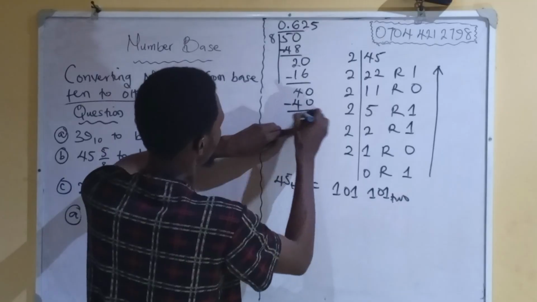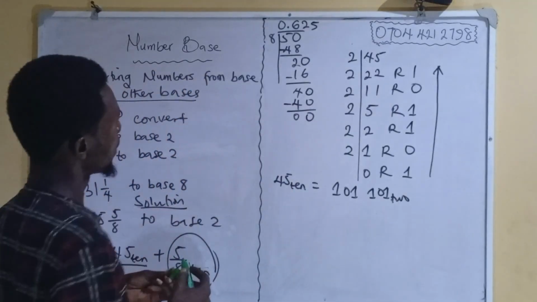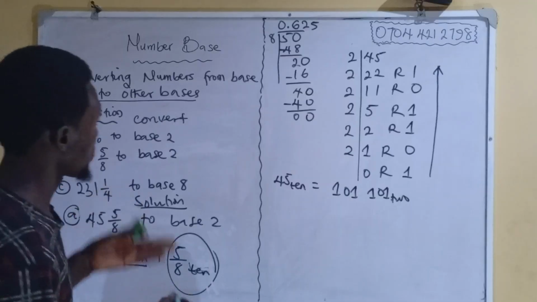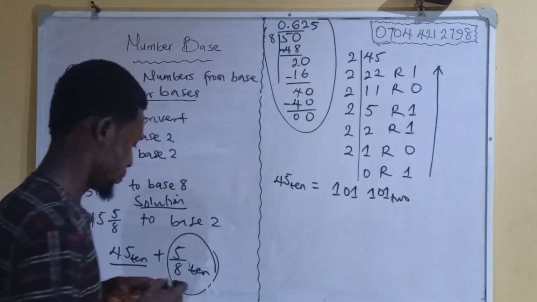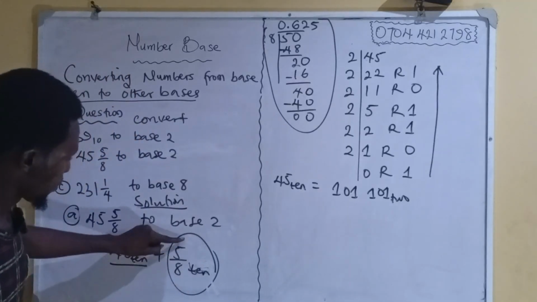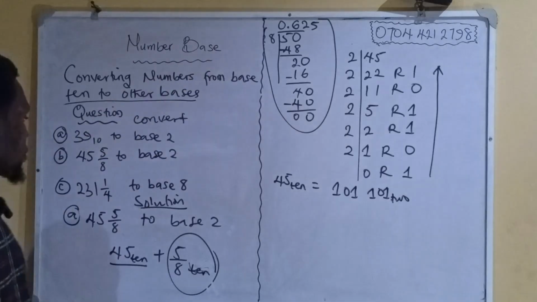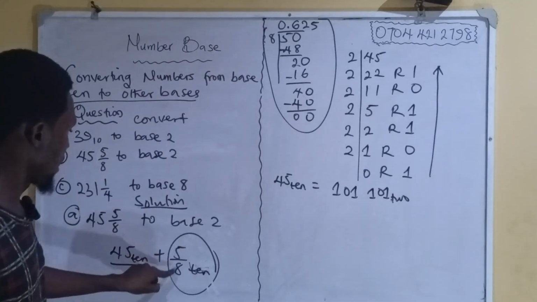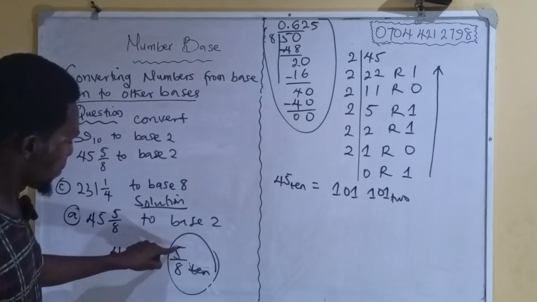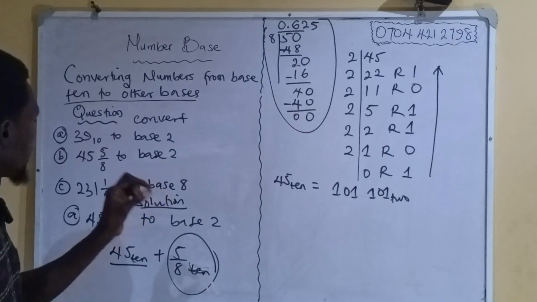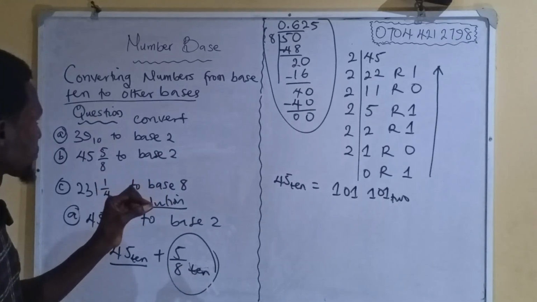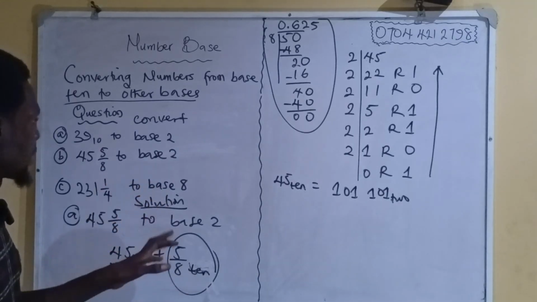I think you can review this, that time in primary school, we used to convert numbers from fraction to decimal. So this 5 over 8 is 0.625, as a decimal number.